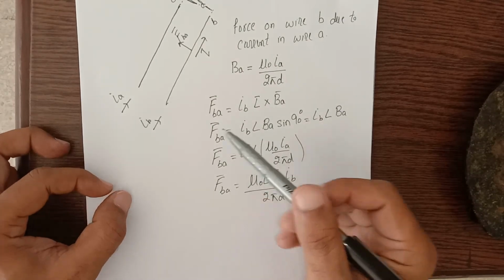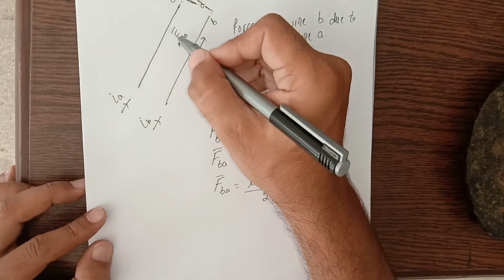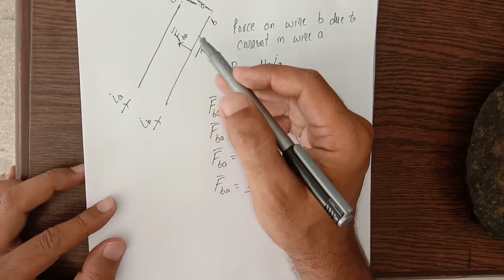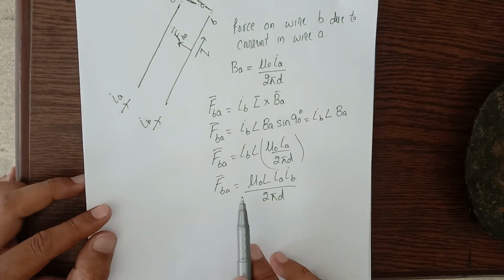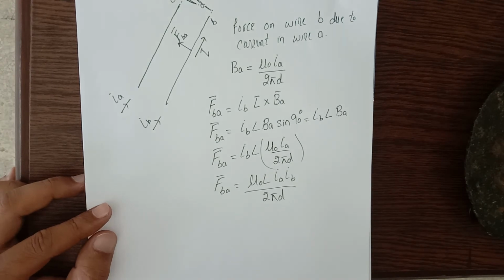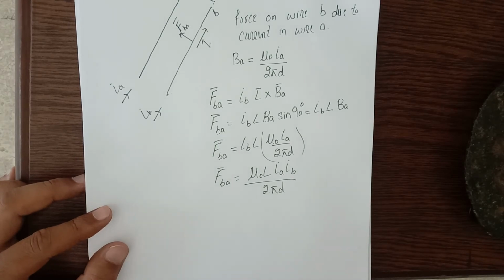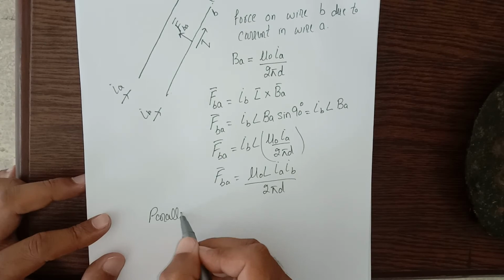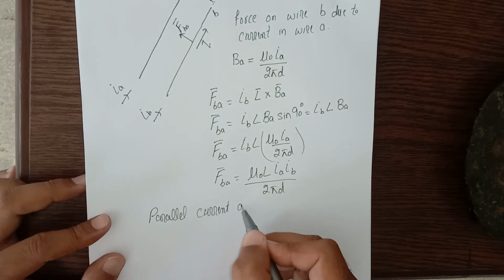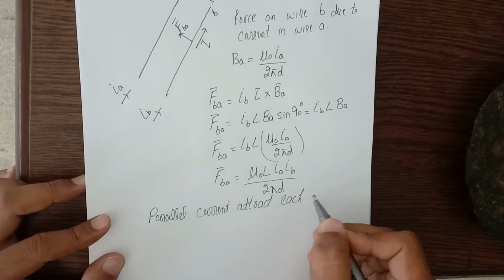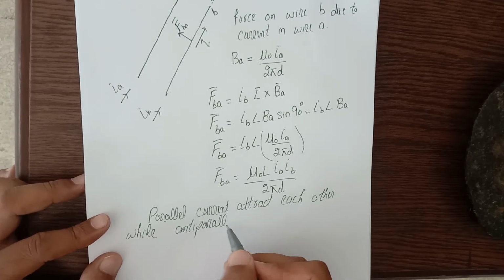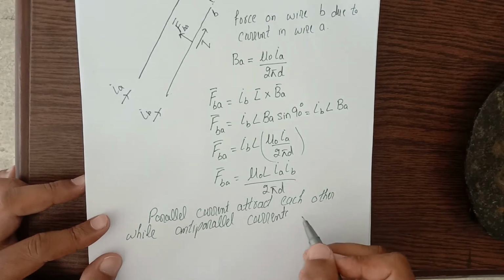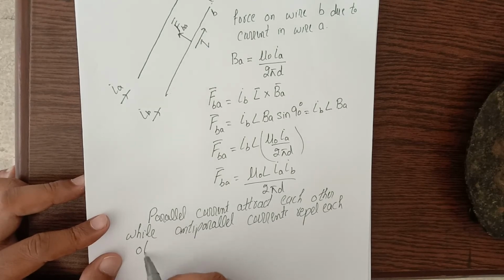Now if we are interested in finding the force on wire A due to wire B, you will see that the force will be directed towards wire B. So we can say that when you have parallel currents, the parallel currents attract each other, while anti-parallel currents repel each other, right?